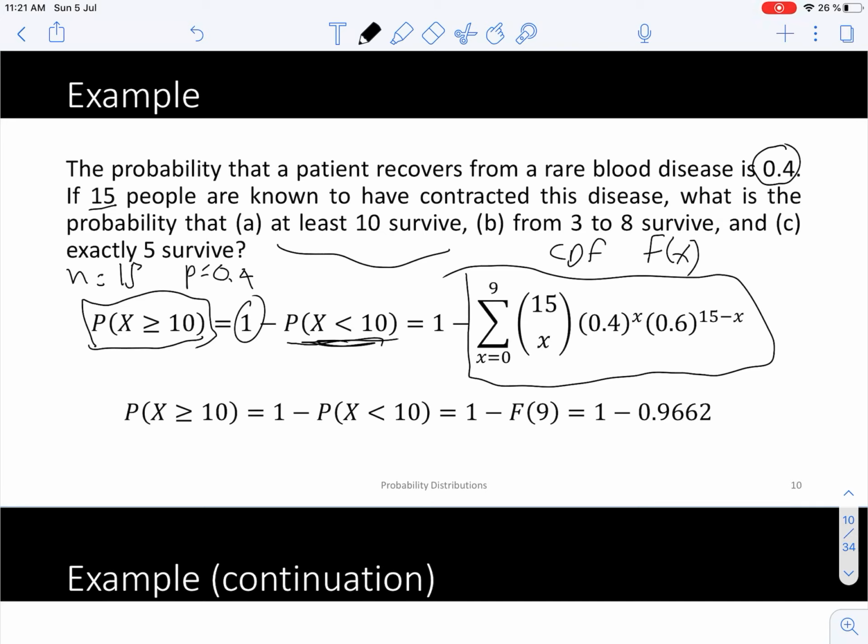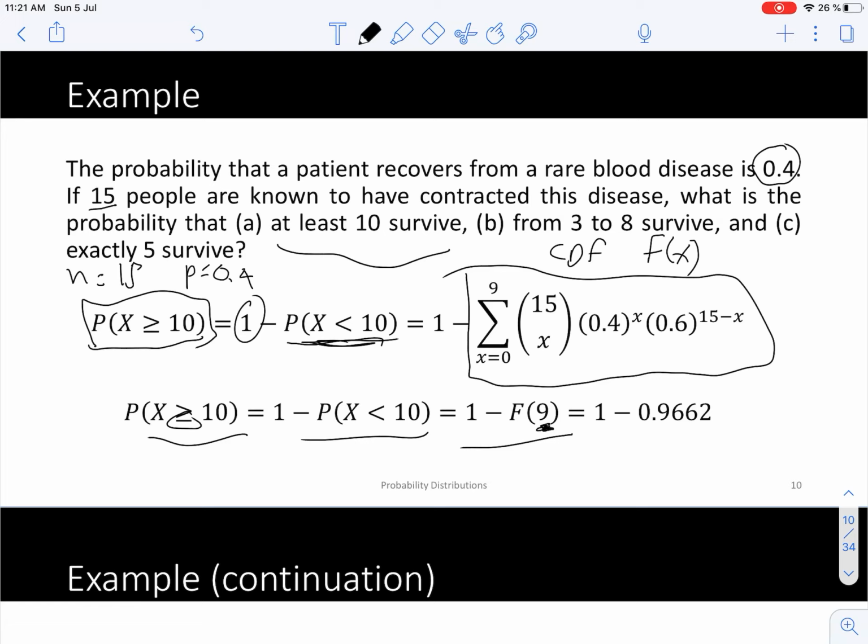So if we do that, then we will find that the probability that X is greater or equal than 10 is 1 minus the probability that X is less than 10, which is equivalent to 1 minus the cumulative probability up to 9. Why up to 9 and not up to 10? Because if we use 10 here, then we're going to remove the equality, and that will give us the probability that X is greater or equal to 11.